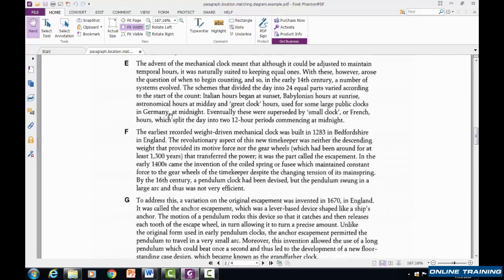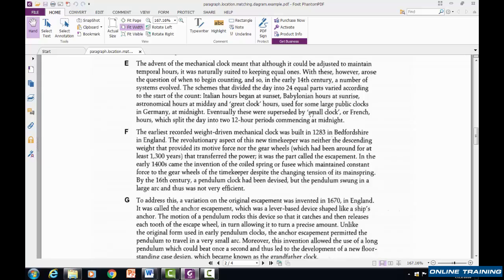For the Germans, it says Italian hours begin at sunset, Babylonian hours at sunrise, astronomical hours at midday, and great clock hours used for some large public clocks in Germany at midnight. No match for anything.